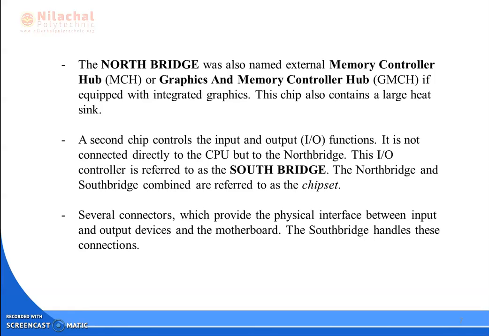Basically, the Northbridge Chipset's work is to control the memory, so it is known as the memory controller, or we can say graphics control. So it is known as GMCH, that is Graphics and Memory Controller Hub.